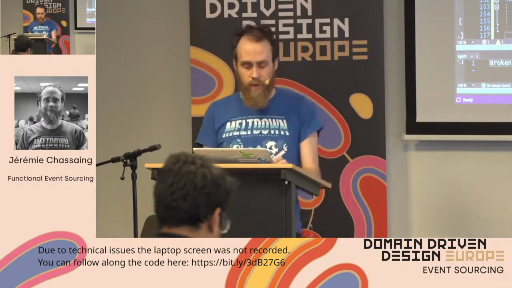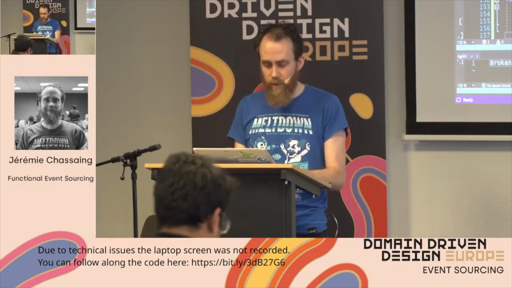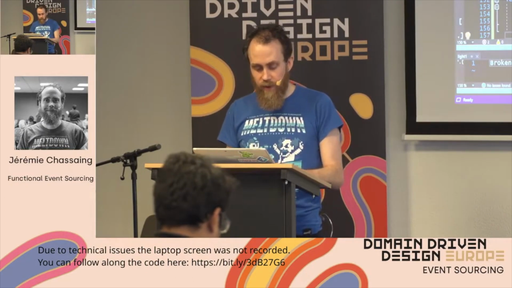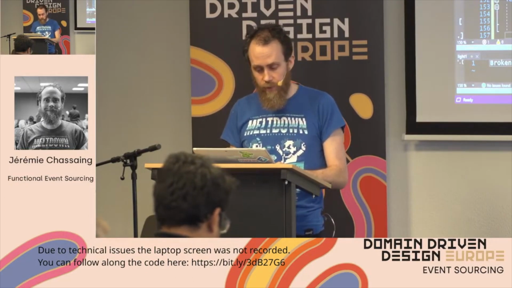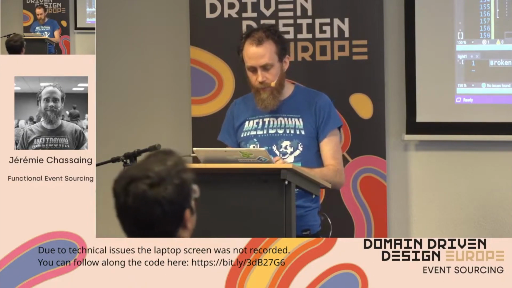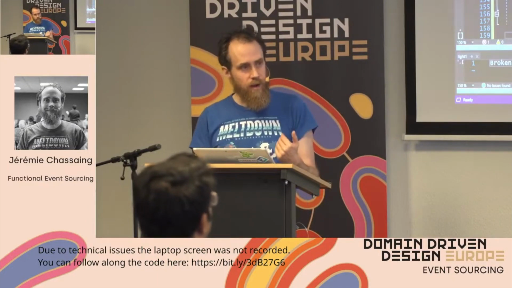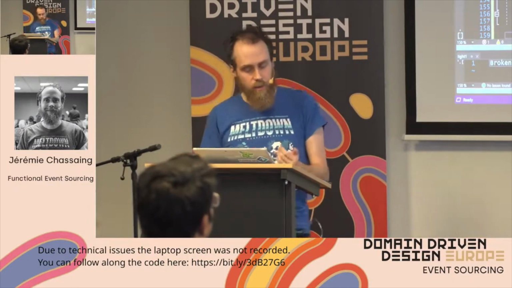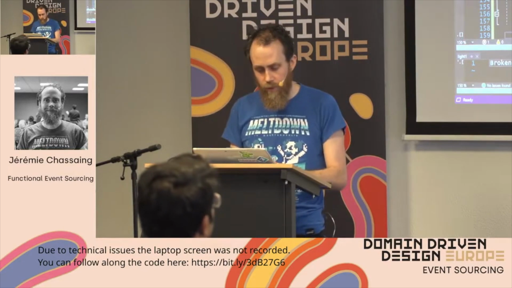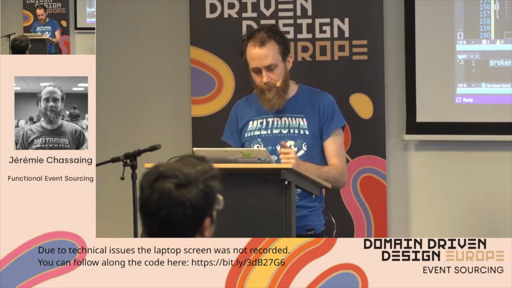My events will be the result of my decide function, decide with my command and my current state. And after that, I can just save my events: store dot save name events.